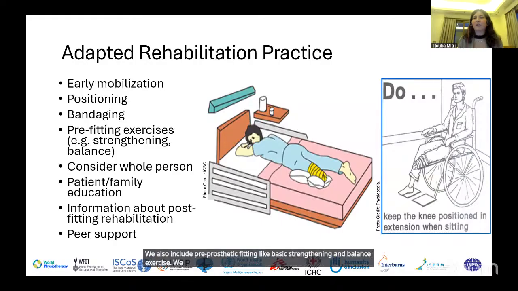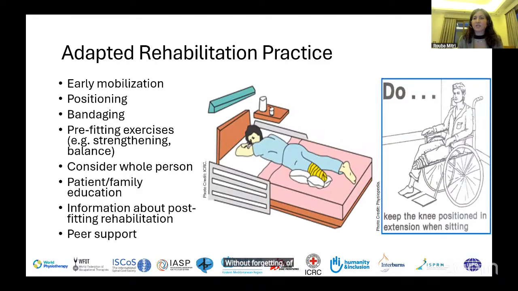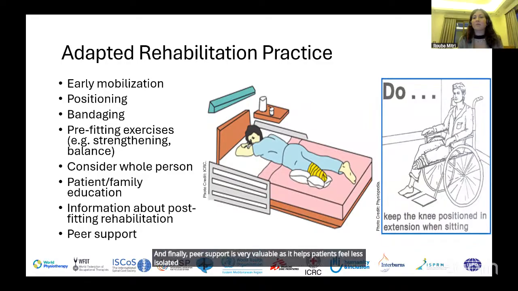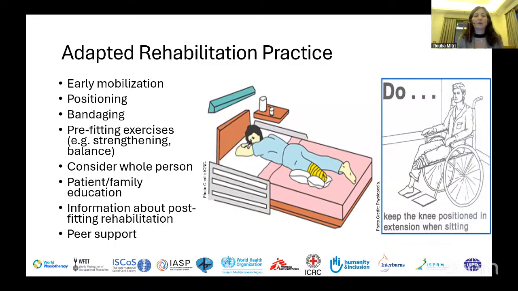We will elaborate a bit more later on pre-prosthetic fitting in the upcoming slides. Without forgetting, of course, education for both patients and family, and education on post-fitting rehabilitation. And finally, peer support is very valuable as it helps patients feel less isolated and more motivated during the recovery phase. Next, please.